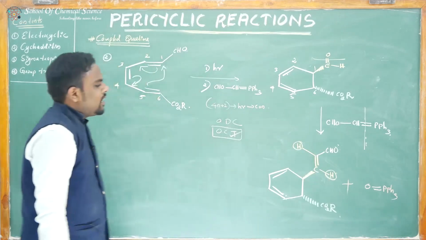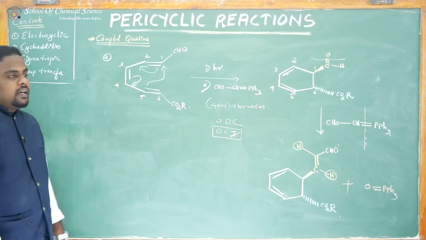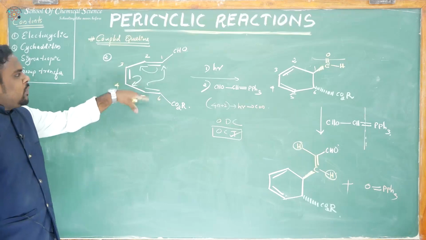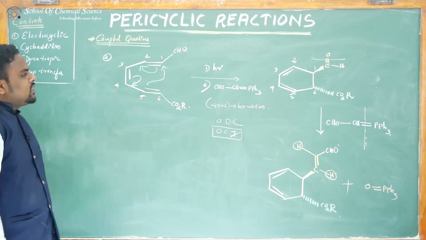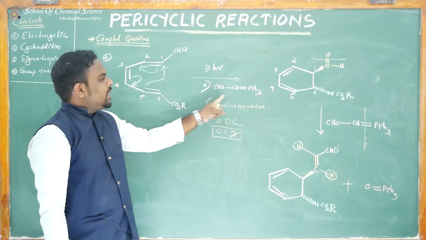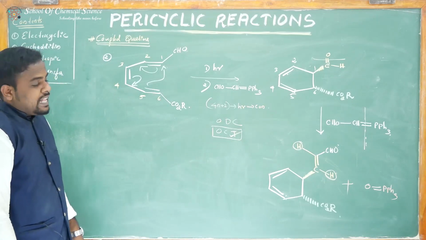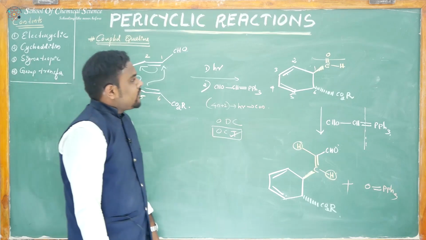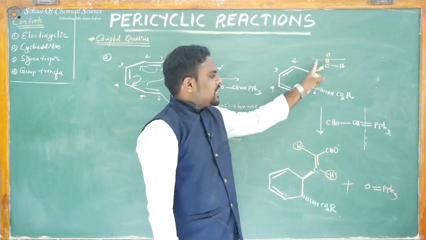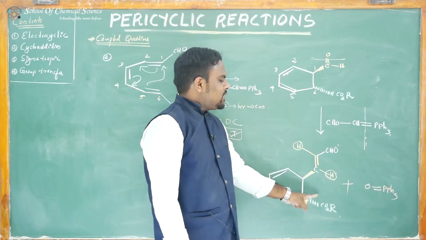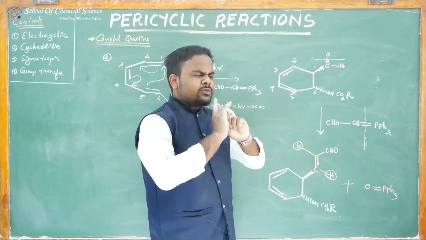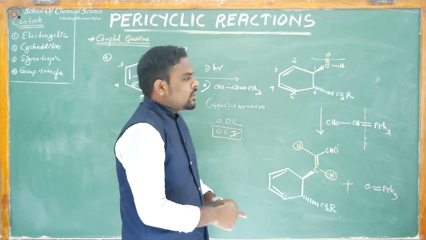So this is the final product. Clear? So a conjugated polyene with two substituents, CHO and CO2R, under photochemical condition and in the presence of a phosphonium ylene. After that, electrocyclization takes place. Think about the stereochemistry, then Wittig reaction. Stereochemistry is very important in organic chemistry.